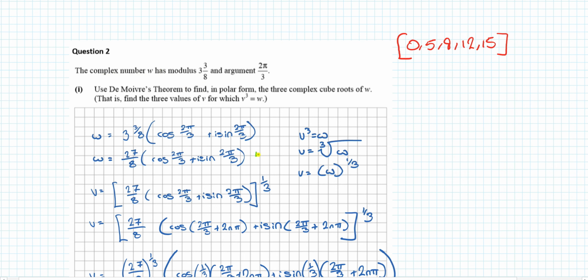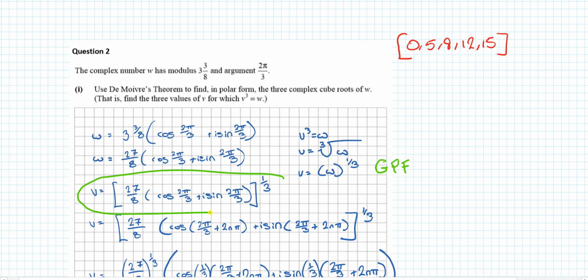So if you get to this line, or even this line, you're looking at 5 marks. We know that this is w, but it also tells us v cubed is equal to w. So that means v is going to be the cubed root of w. But a cubed root can also be written as a power of a third. And when you see powers of fractions, you should think general polar form.